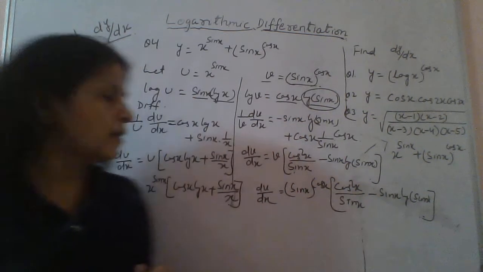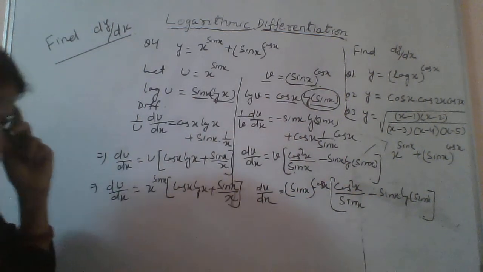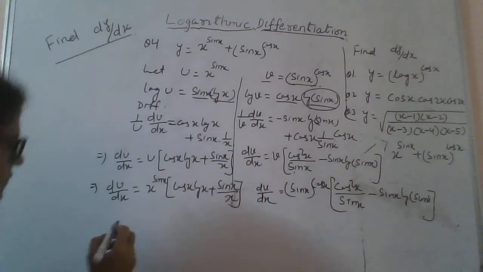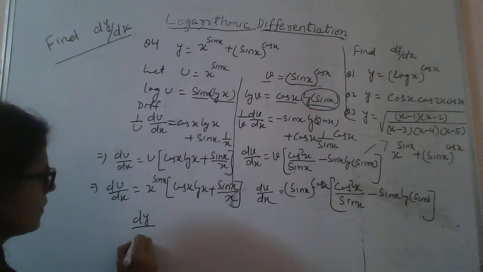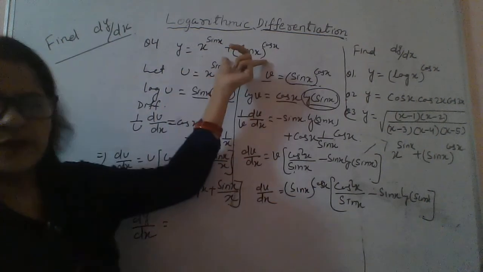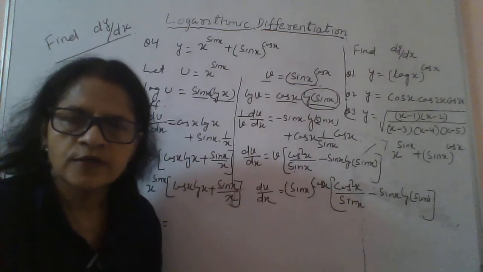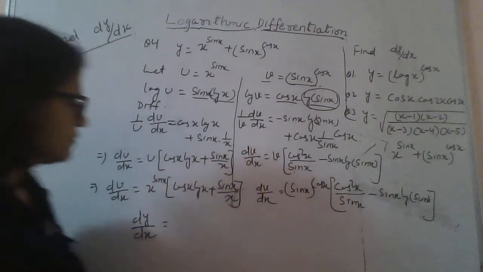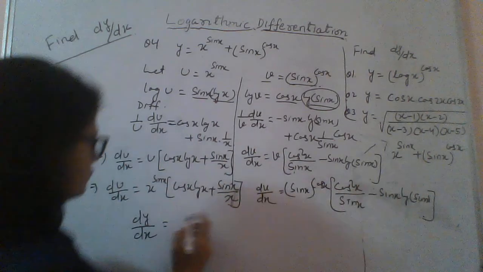So we have du by dx and dv by dx. We want dy by dx. So dy by dx is what? y equal to u plus v. So dy by dx should be du by dx plus dv by dx. So it means sum of the two.